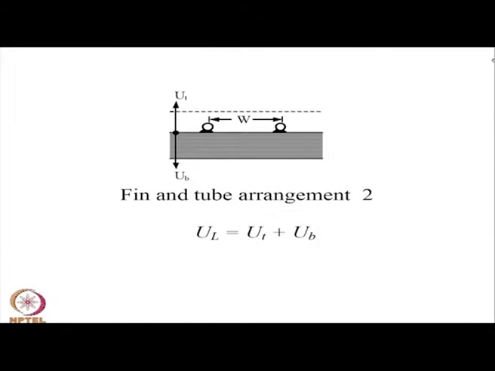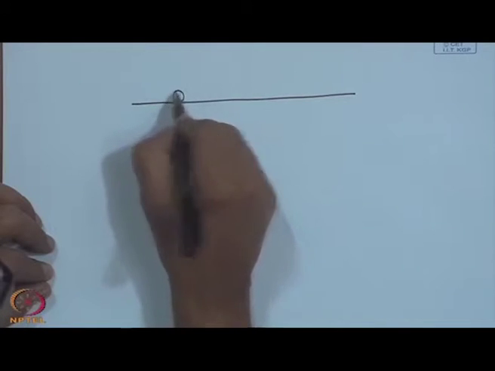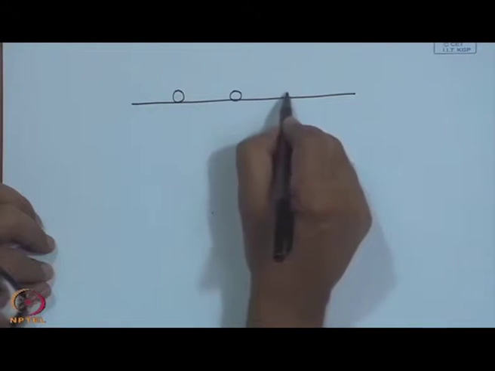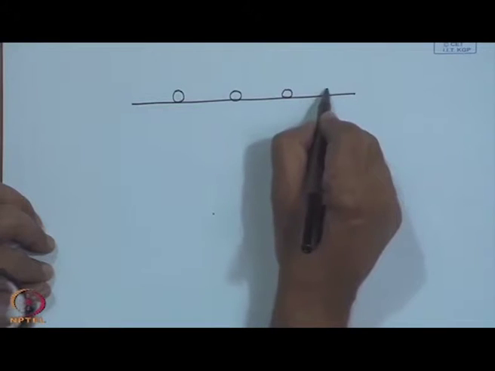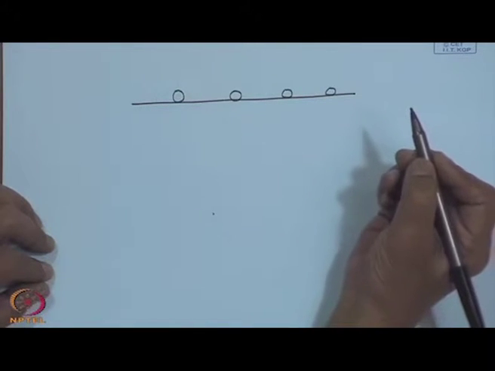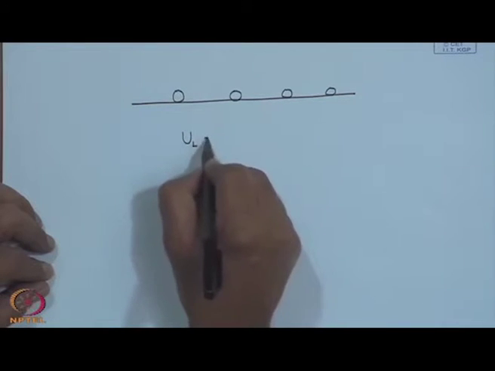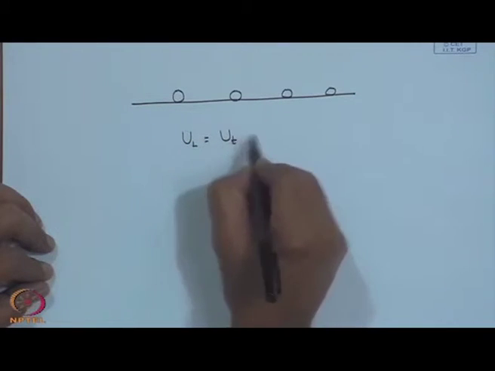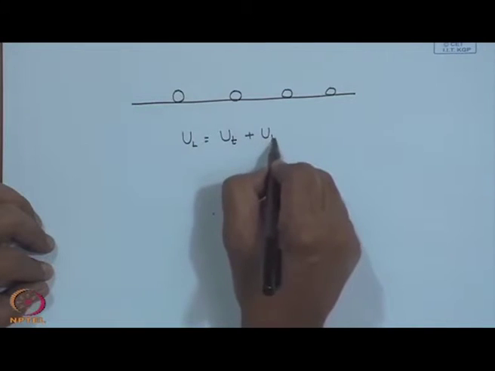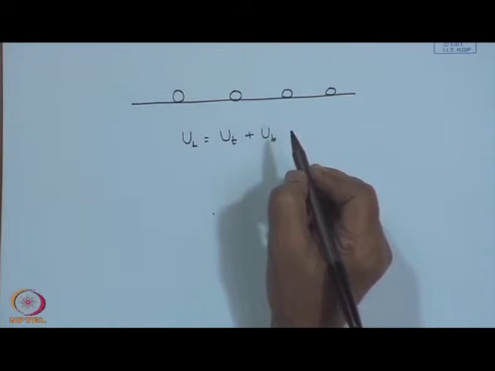And the second arrangement comprises the same absorber tube, but mounted on top of the absorber plate, where again the overall loss coefficient is the summation of the top loss coefficient plus the back loss coefficient.